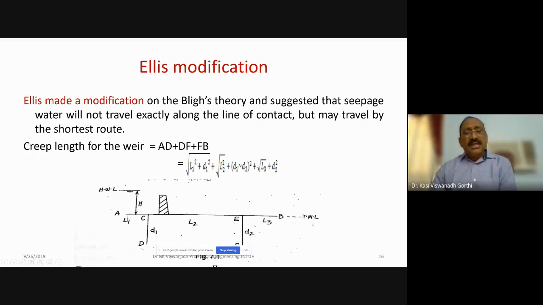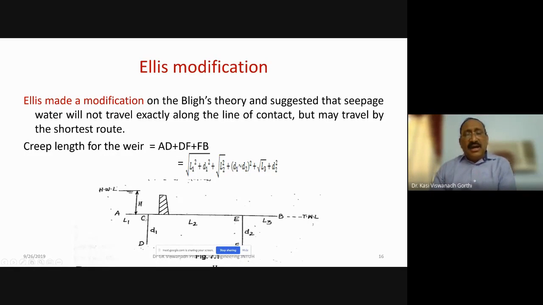The shorter way is starting from A, moving up to D. From D, it moves up to F, and from F, it moves up to B. This is the creep length modified by Ellis. So AD, the diagonal distance, plus DF, the horizontal distance, plus FB. This is what has been proposed as the creep length by Ellis. So to get AD, what is required now?